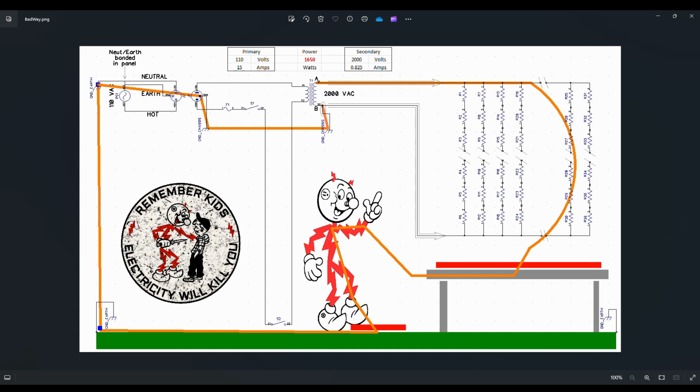I'm sorry, I hope I'm not beating a dead horse here by making this point again. But specifically, this connection right here on the microwave transformer from the one secondary lead to the frame of that transformer is the biggest single mistake and the most potentially deadly mistake that almost all YouTubers are overlooking.